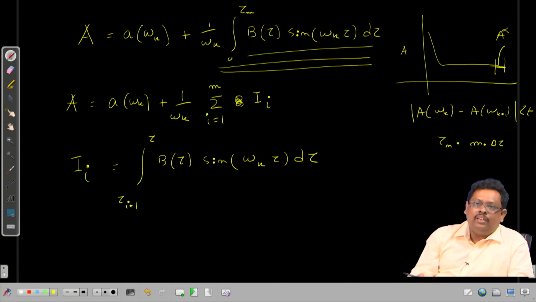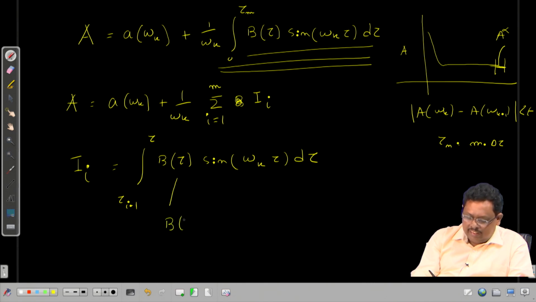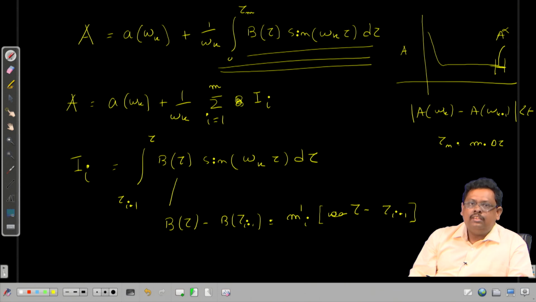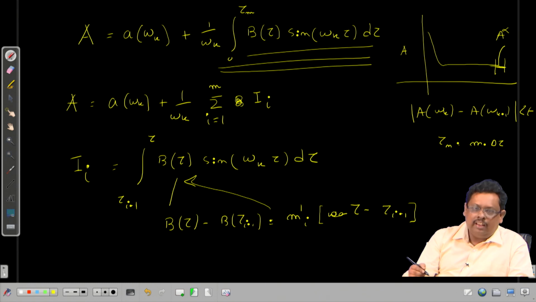We know how to do this, because again I assume b(tau) is a straight line. So, I can say b(tau) minus b(tau i minus 1) equals some m dash i into (tau minus tau i minus 1). I substitute this equation here, and again I know how to do this analytically, right.